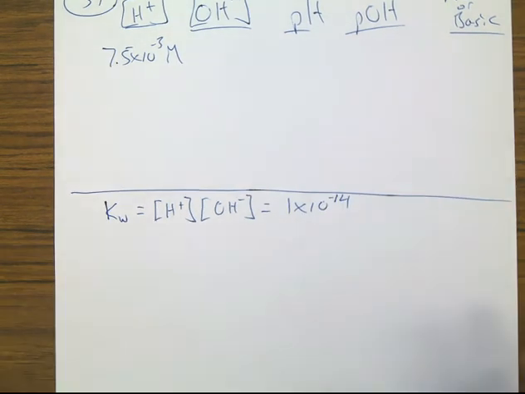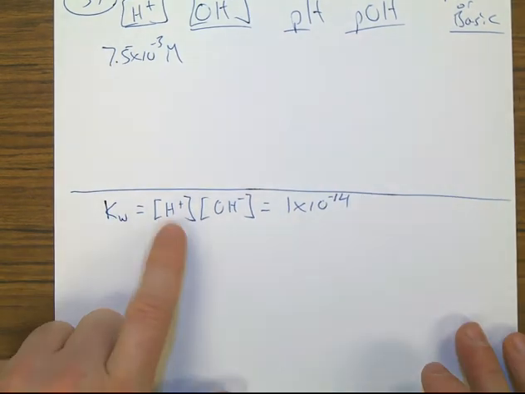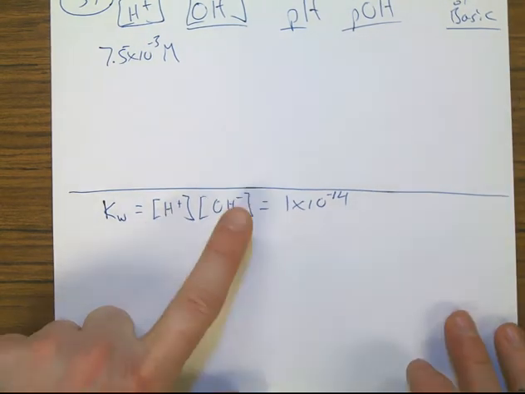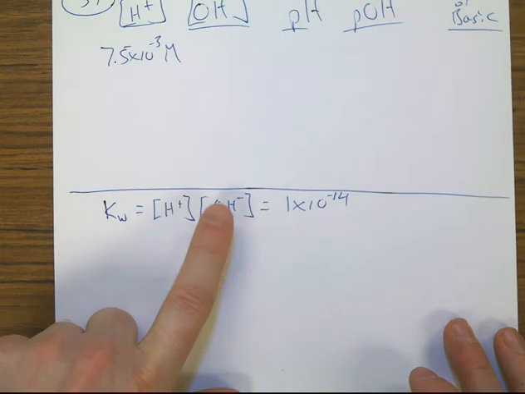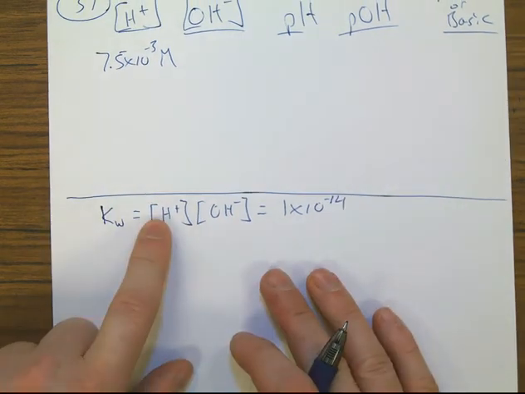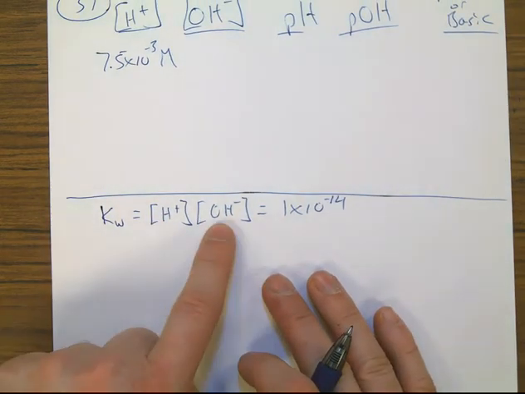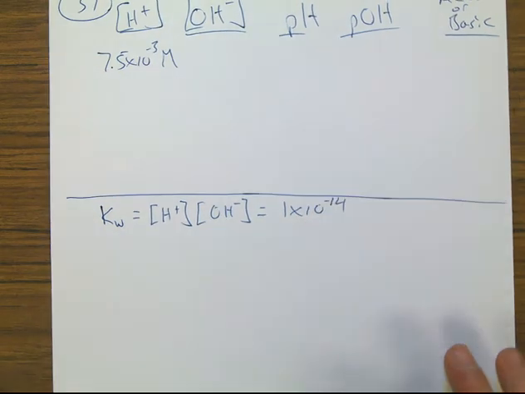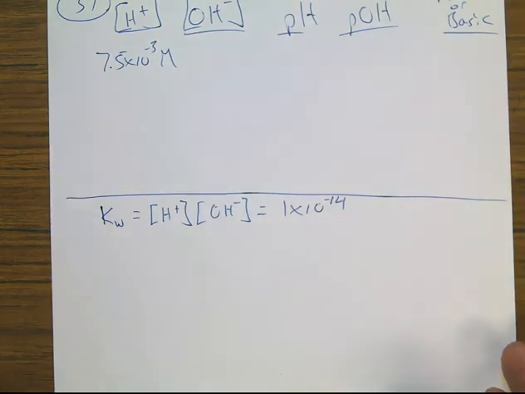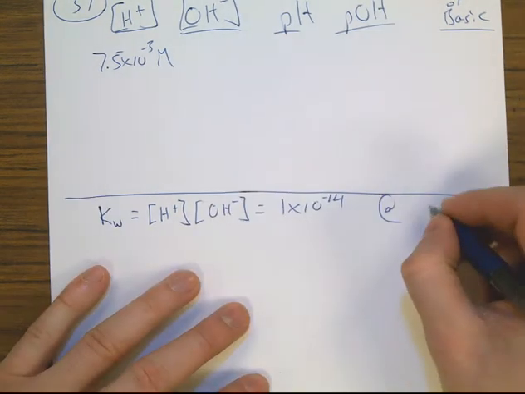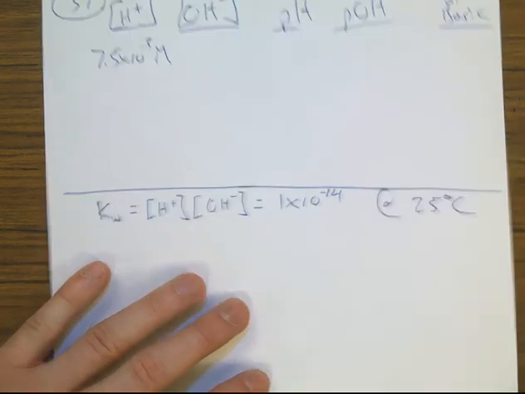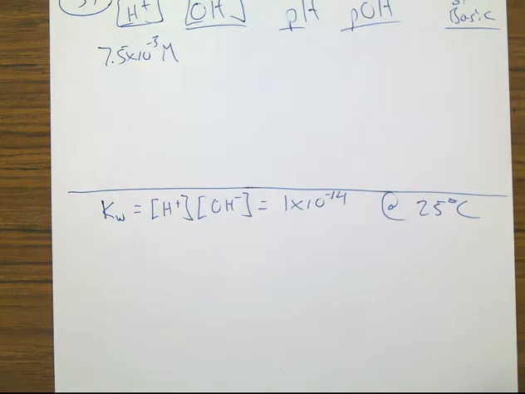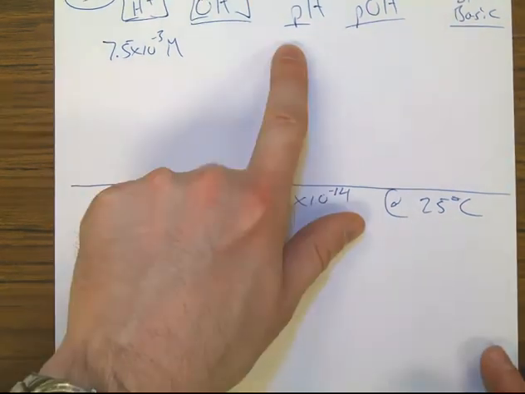What this will allow you to do is that if you know how many hydrogen ions are in your solution, you can then figure out how many hydroxide ions there are in the solution. Because the hydrogen ions times the hydroxide ions will always equal 1 times 10 to the negative 14. This is very important to remember, this is only at 25 degrees Celsius.